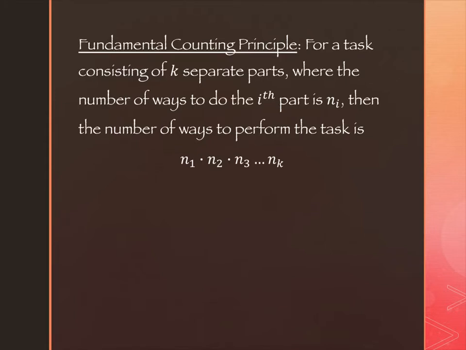For a task consisting of K separate parts, where the number of ways to do the ith part is n sub i, then the number of ways to perform the task is n sub 1 times n sub 2 all the way to n sub k. An example will clear up what all the details here are meaning. Just jot it down for now.